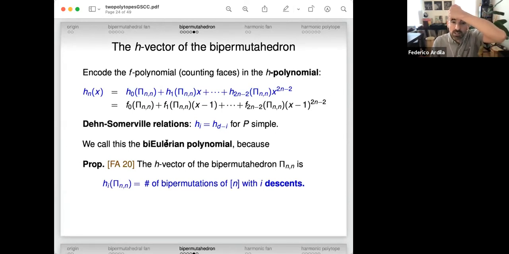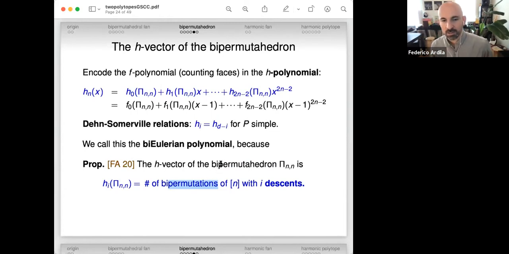Okay, we call this the Eulerian polynomial, and the reason for that is, I should have stated before this, that there's a theorem that the h vector of the permutahedron is given by the number of permutations with a given number of descents. So you look at all the permutations and you see how many times do they go down. So a descent is a big number followed by a small number. And when you classify the permutations according to how many descents they have, this is called the Eulerian polynomial.